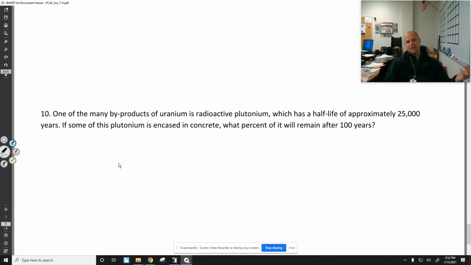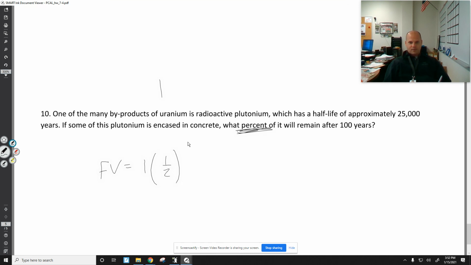What percent? So the percent is the question. An easy thing to do is just say let's say we had one thing of plutonium to start. So that's my present value. My future value is what percent of one. So whatever number I get will be a percent if one is 100%, right? You could also use 100, and that's fine.